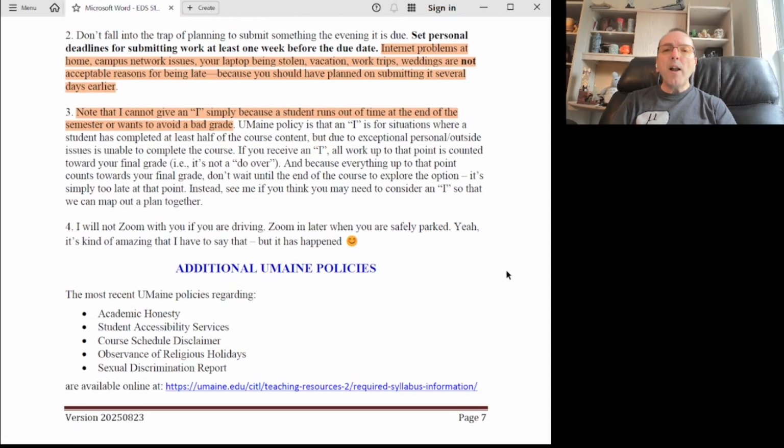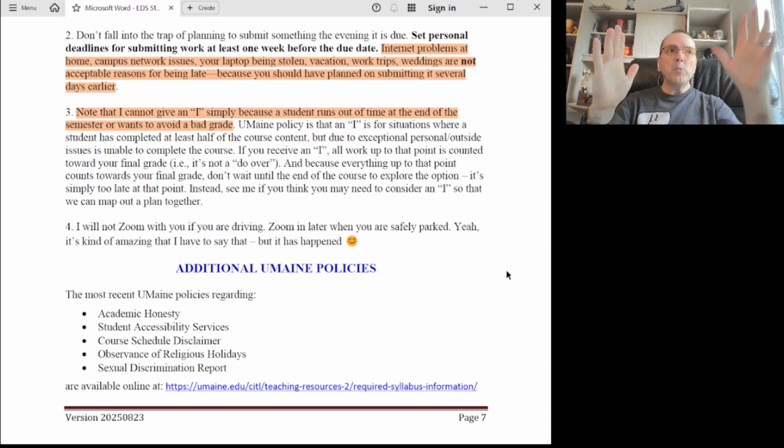Don't fall in the trap of waiting to the last minute to submit things. Because remember, it's time stamped, it's late. And you'll see in the schedule between when we finish quiz one and when that quiz is due, it's a few weeks. There's lots of time between when we finish the material and when it's due.